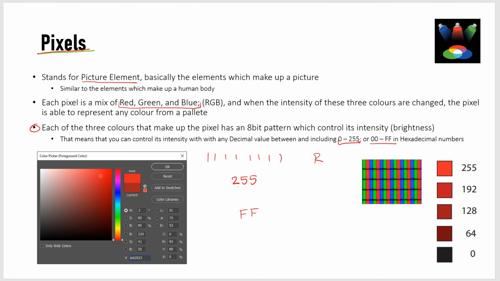Now, in graphic design, whenever you're using colors, it's very convenient to work with hex numbers, because they are the shortest form that you would have to write for any value, and they're very easy to remember.